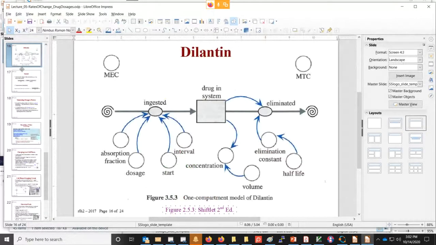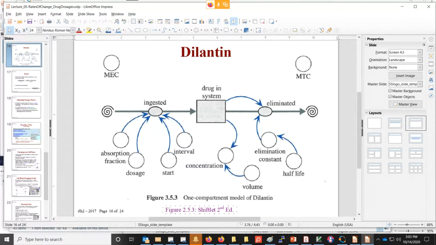When we're looking at the drug example here, the idea is that we've been prescribed a medicine from the doctor, and we're told to take this every 8 hours. So we get the drug, and it's 100 milligrams or whatever.